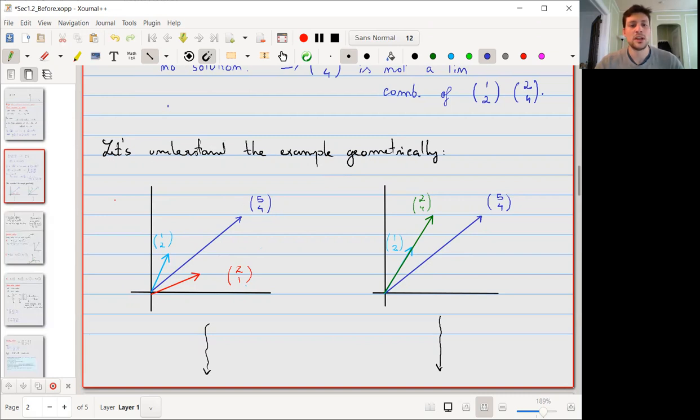In particular, we may double the vector 1, 2 and get something like this. And then we may add to that vector, sorry, we may double the vector 2, 1, and then we may add the vector 1, 2 to that.